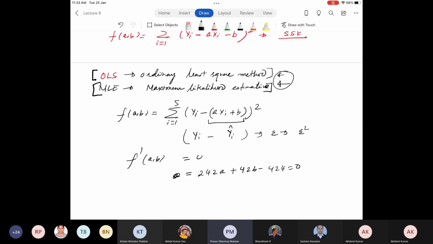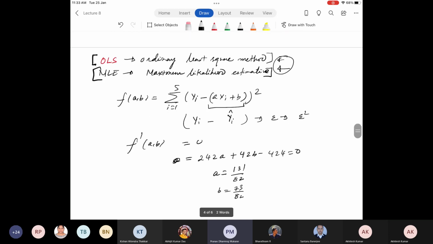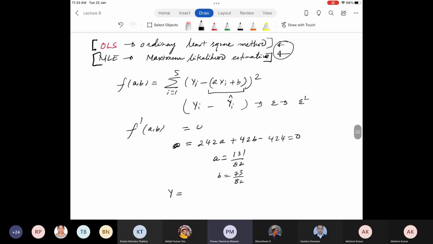It will be a quadratic equation. You will get a normal equation. a equals 131 by 82 and b equals 73 by 82. So the equation of the line is 131 by 82 a plus 0.890.